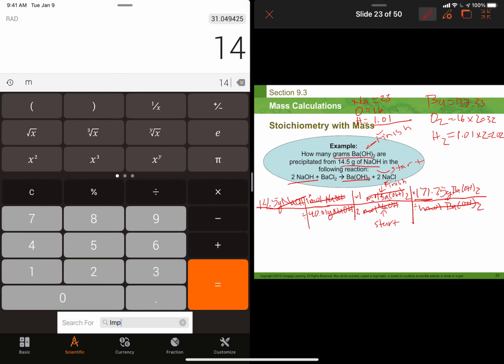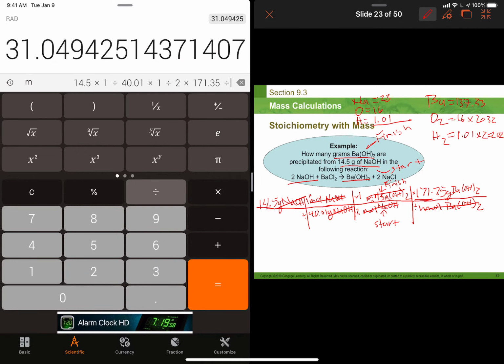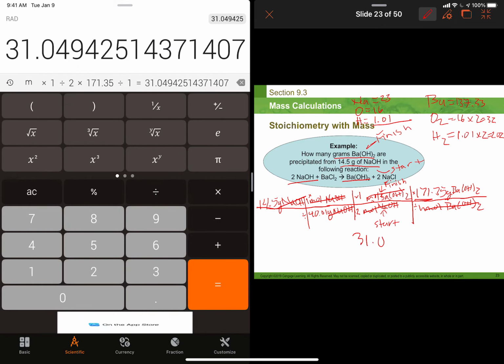You're going to do 14.5 times 1 divided by 40.01 times 1 divided by 2 times 171.35 divided by 1. You're going to get 31.05 because the 9 makes the 4 round up, grams of Ba(OH)2.